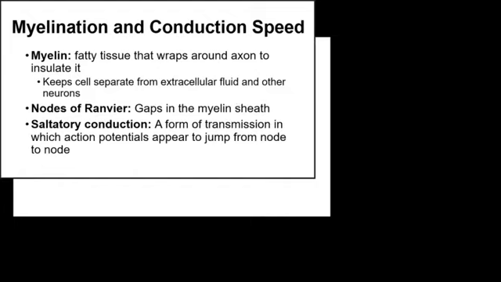Actually, one more thing I wanted to mention before I moved off of this slide. With conduction speed, myelin is like the engineering equivalent of allowing these things to go more quickly. There are other ways that you can speed up conduction. If you look at, say, giant squids, they are huge, and a lot of people who study neurons like to study giant squid neurons because their axons are massive.